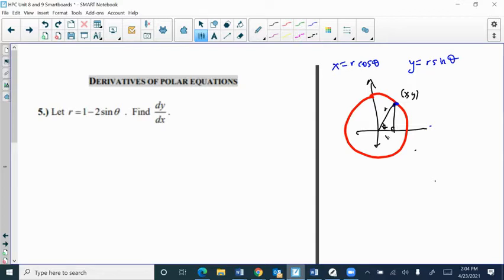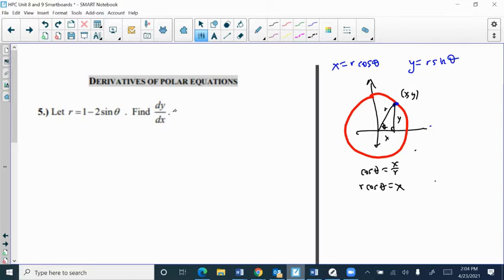So this side's x and this side's y. The cosine of theta would be x over r, so if cosine of theta equals x over r, then multiply the r over, and r cosine theta equals x. Similarly, it would equal y for sine of theta. But you don't have to know how to prove that to solve this.